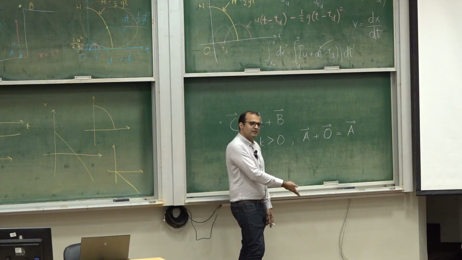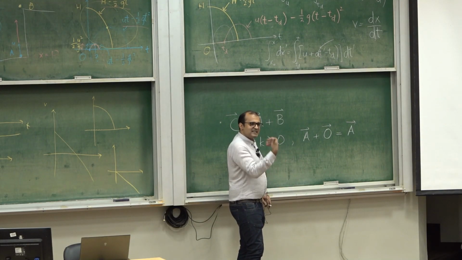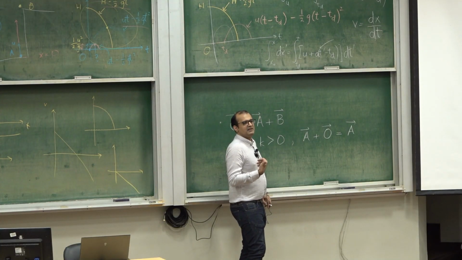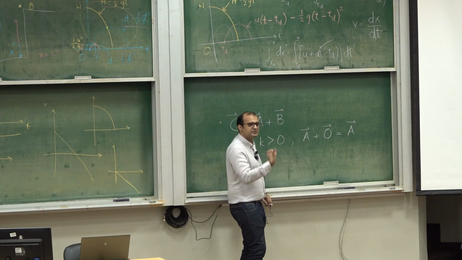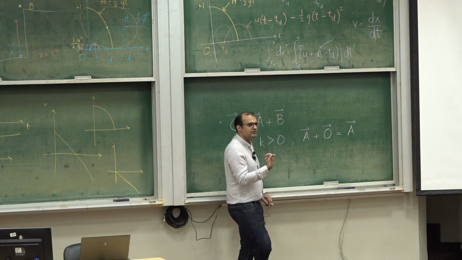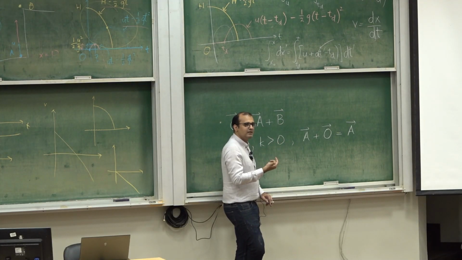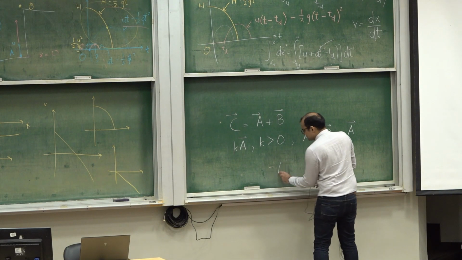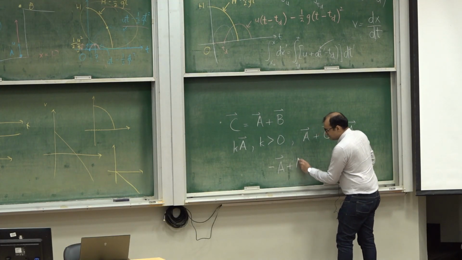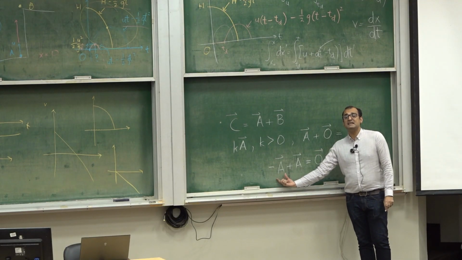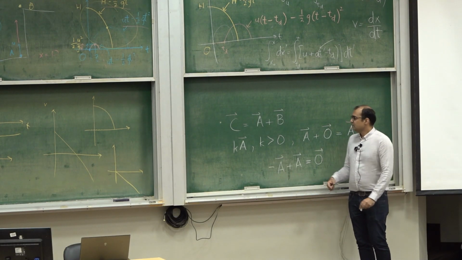Minus x is the number that when you add it to plus x, you get 0. In exactly the same way, minus a vector should be the vector such that when I add it to plus a, the original vector, I get the 0 vector. So minus a plus a should be equal to 0. That allows me to figure out what minus a is.